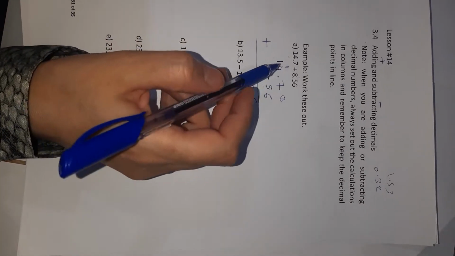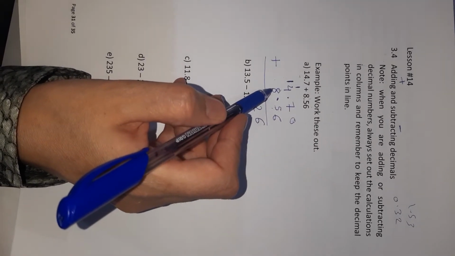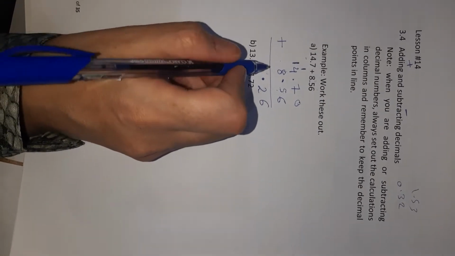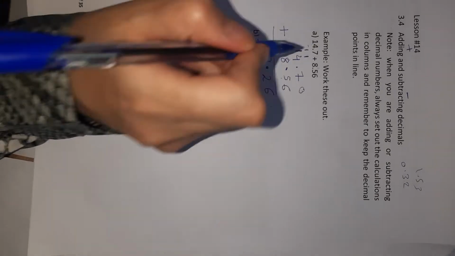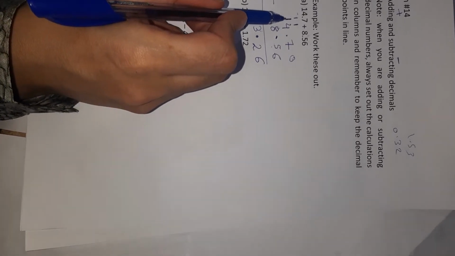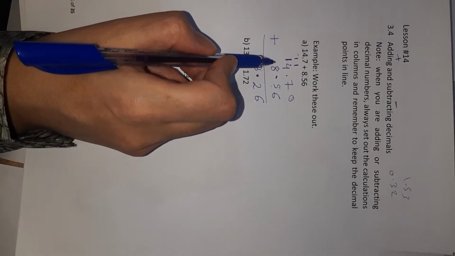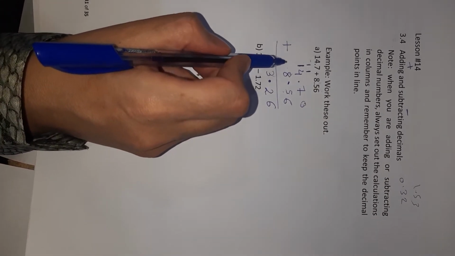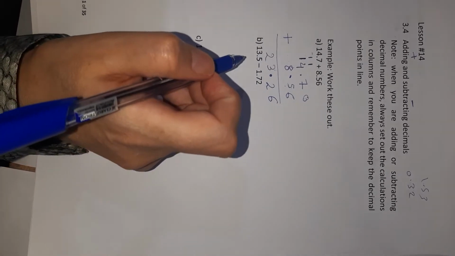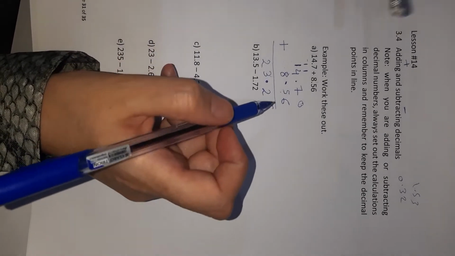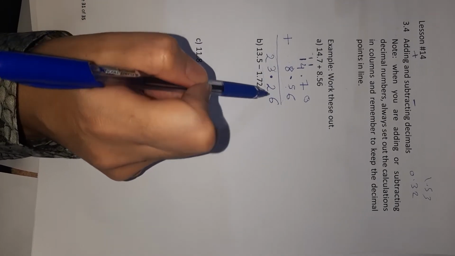Then add the units or the ones. 1 plus 4, 5, 5 plus 8, 13. Now write down the 3 and carry the 1. 1 plus 1, it means 2. Here the blank space means 0, nothing here. Now just 1 plus 1 equals 2. Now this is the solution, 23.26.